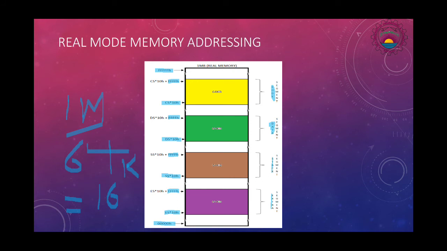To access the second code segment, we have to change the contents of CS. For accessing the other data segments, we have to change the contents of the DS register. So we may access more than one data segment or code segment, if we have code of more than 64 kilobytes or data of more than 64 kilobytes.